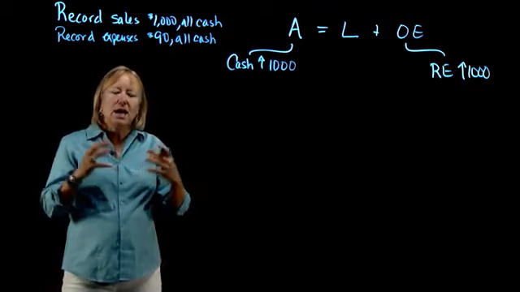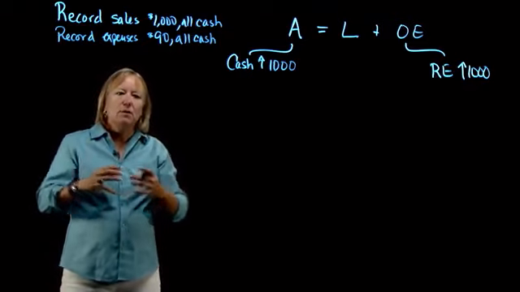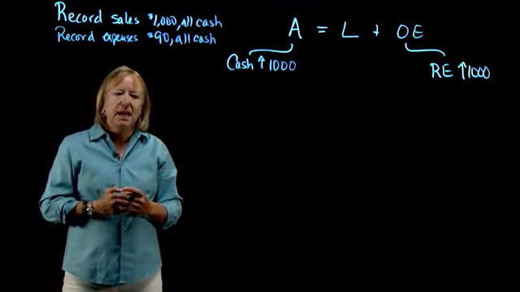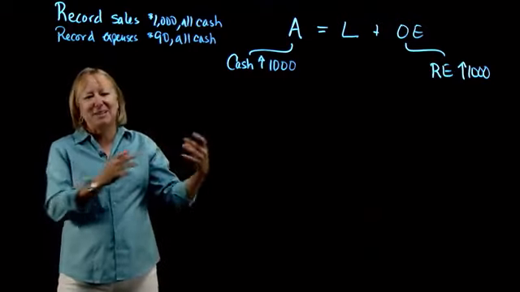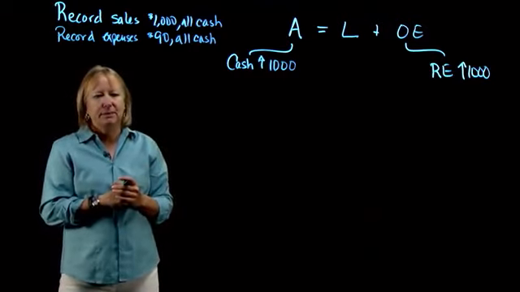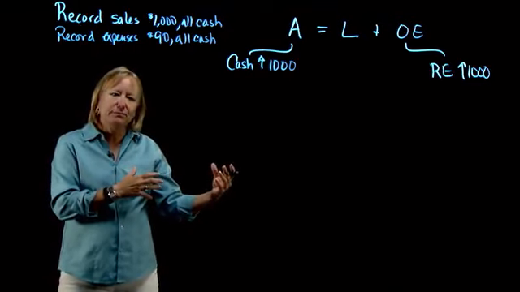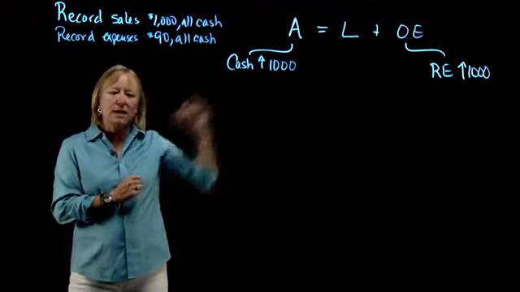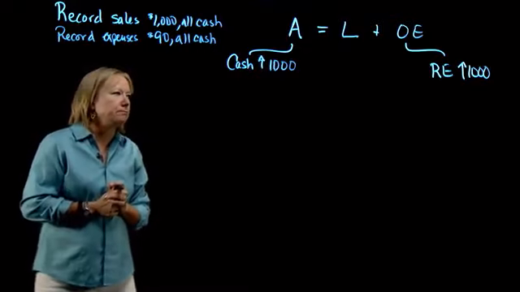Because recall, income statement transactions, revenues and expenses, result in net earnings or net income that the company can decide to distribute as dividends or to retain in its retained earnings account. So those earnings that are retained cause the retained earnings account to increase, owner's equity increases, and so ultimately affect the balance sheet.